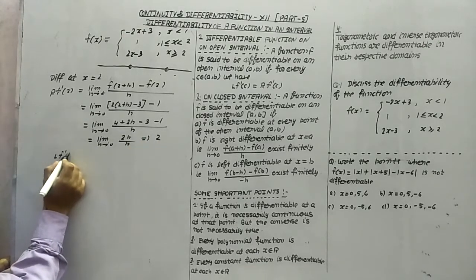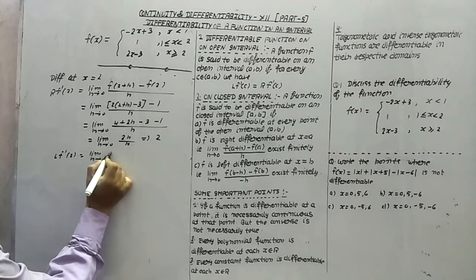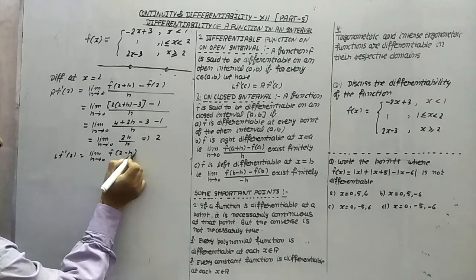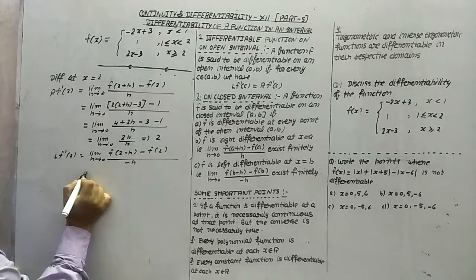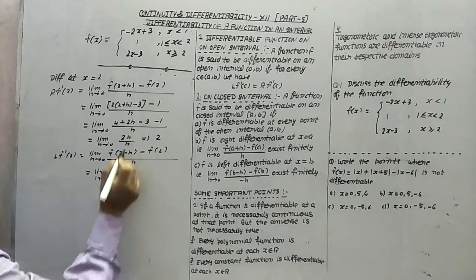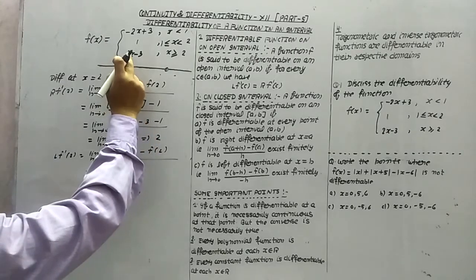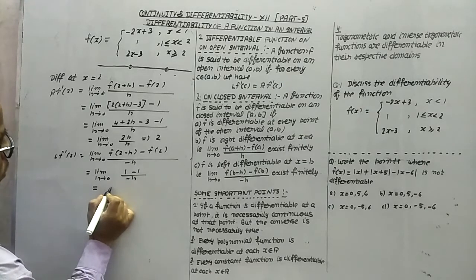Now left hand derivative at 2: limit h tends to 0 of f(2 minus h) minus f(2) upon minus h. f(2 minus h) is 1 only, and f(2) is 1 only, upon minus h. It means this is 0.